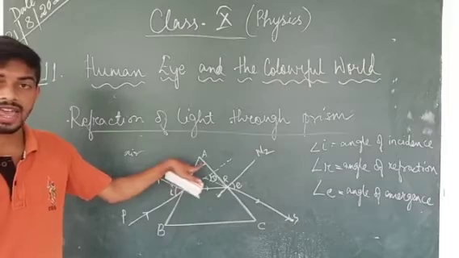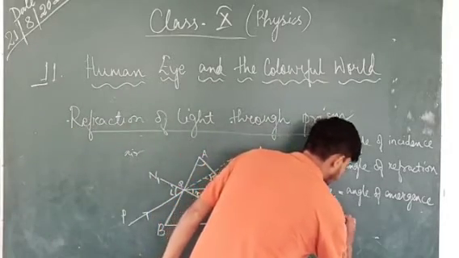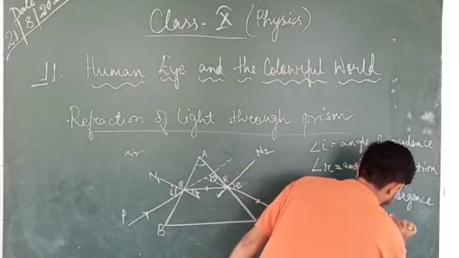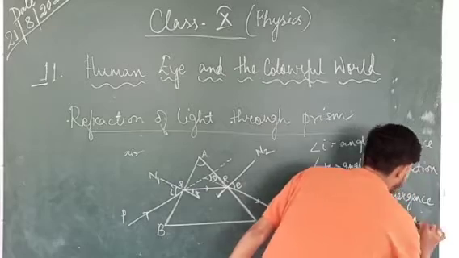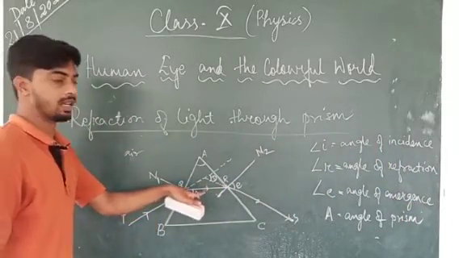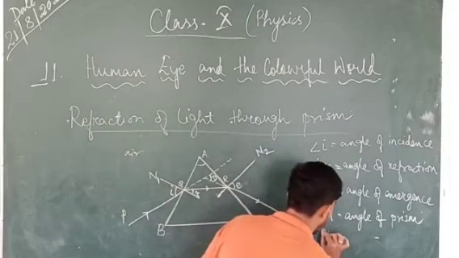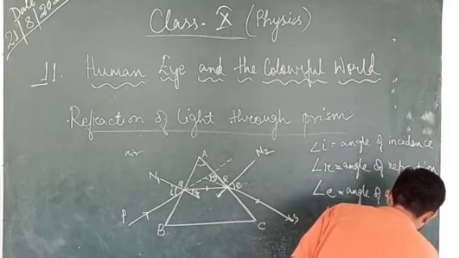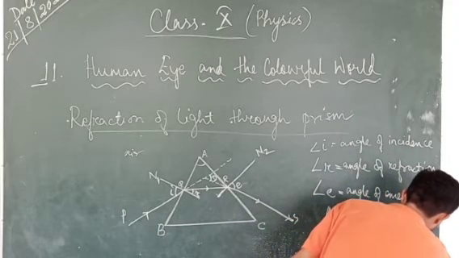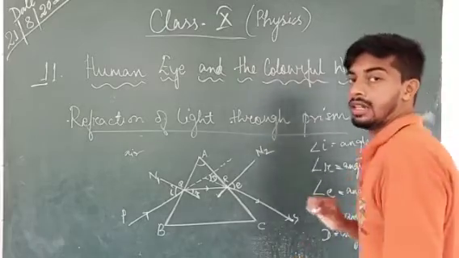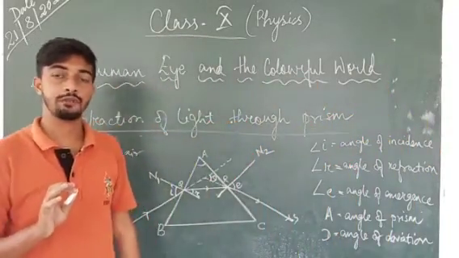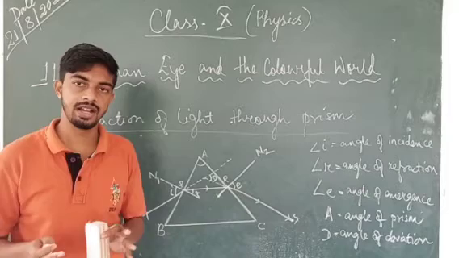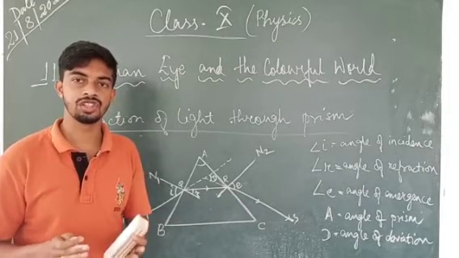Then this angle A, capital A, is known as the angle of the prism. This capital D is the angle of deviation. From the angle of deviation we can know how much the light has bent or deviated from its original path.